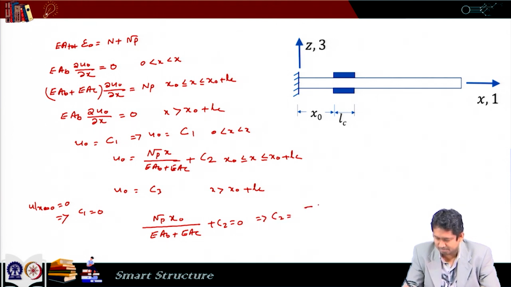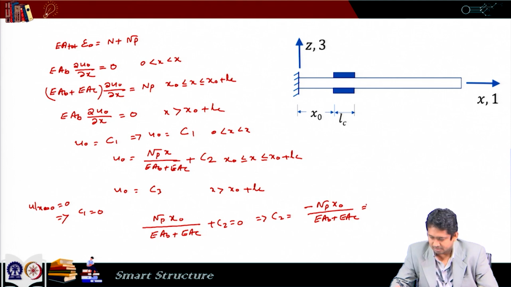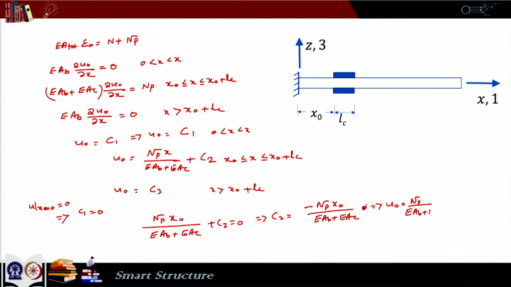So, C2 becomes minus NP x0 by EAB plus EAC. So, this tells me that U0 is NP divided by EAB plus EAC times x minus x0, when x is between x0 and x0 plus LC.